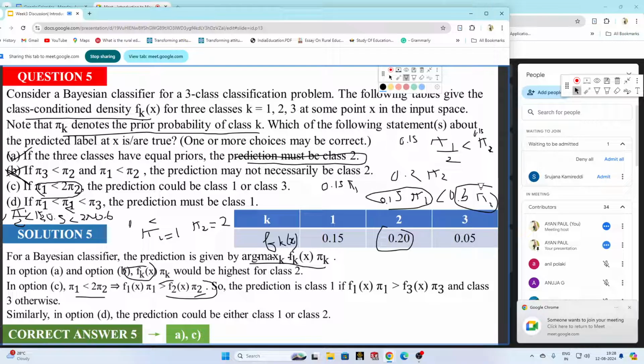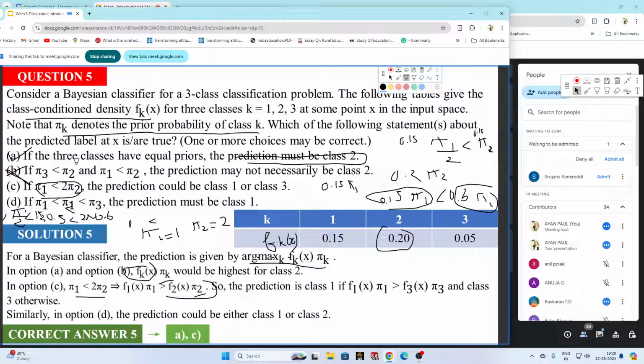Actually, if pi 1 is greater than 2 pi 2, then option C is correct. Here option C is not correct, right? Because in your solution explanation itself, f1 of x pi 1 is greater than f2 of x pi 2. I guess there is something wrong in the question, with the less than symbol. That is the problem. There is some problem with option C, and you can check this with option D also.